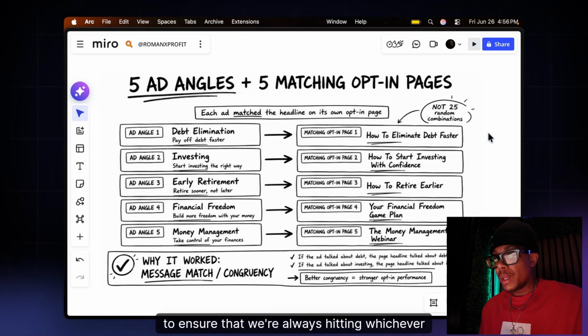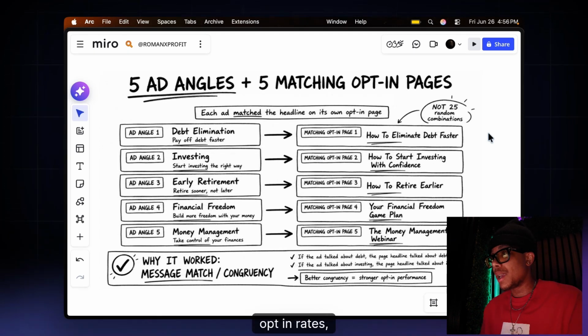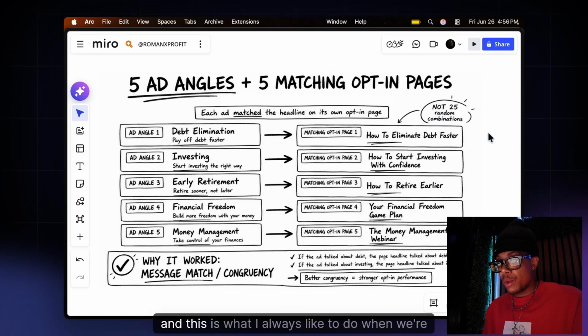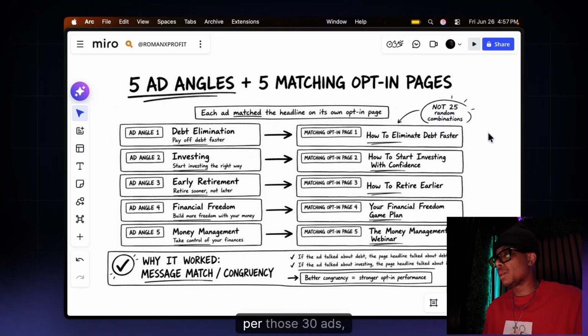In this example, the ad is about debt elimination, saying here's how to eliminate your debt. On the opt-in page, it literally needs to say how to eliminate your debt. You can't have an ad that talks about debt elimination and then they come to a sales page talking about how to retire earlier.